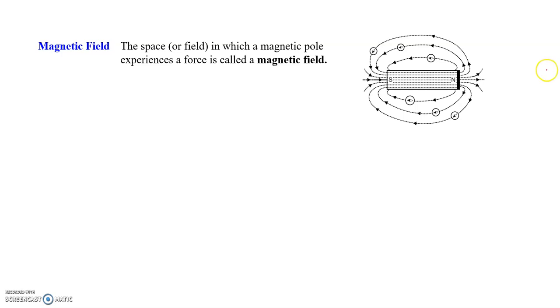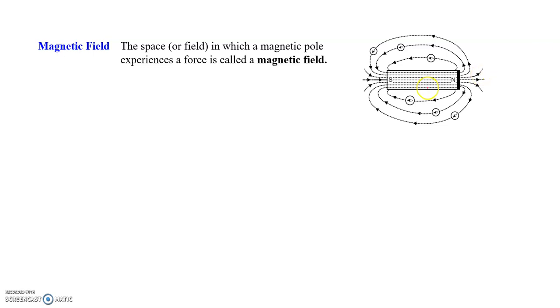For example, in this magnet you can see that outside the magnet the magnetic field lines go from the north pole to the south pole, and inside the magnet the magnetic field lines go from the south pole to the north pole.